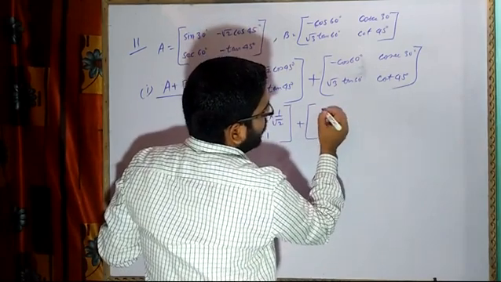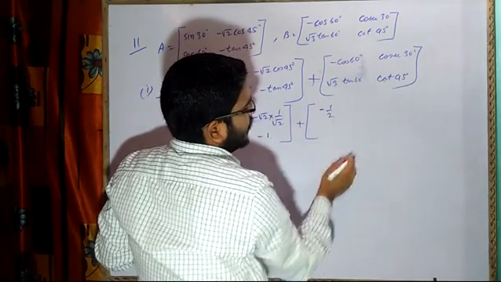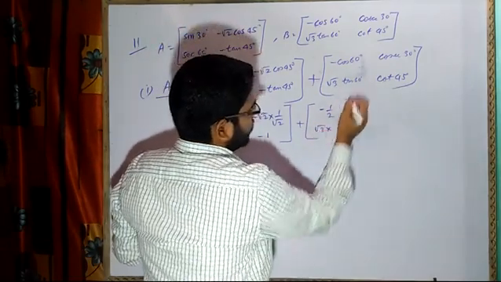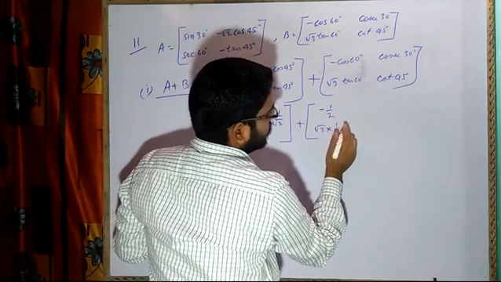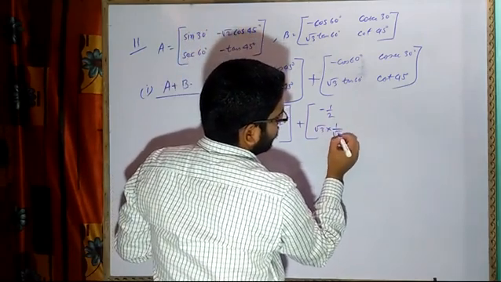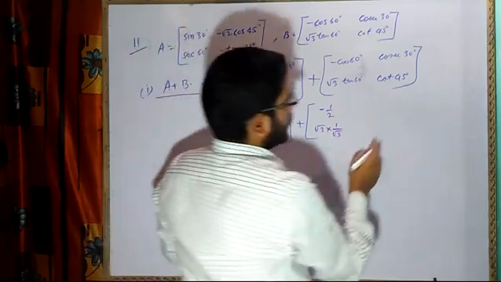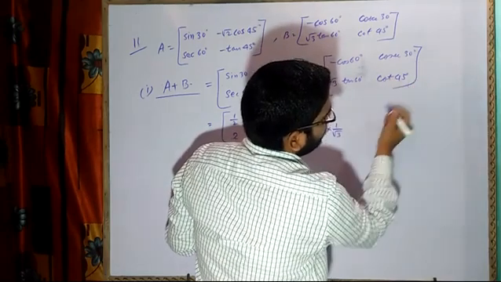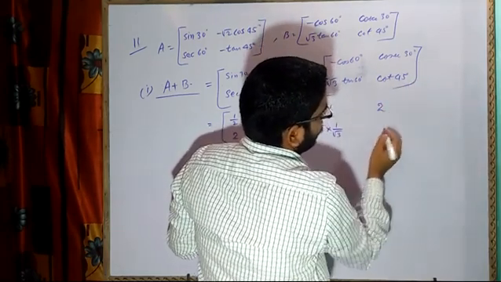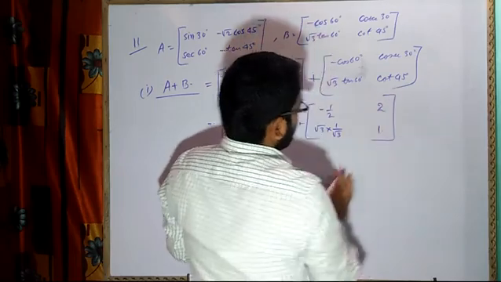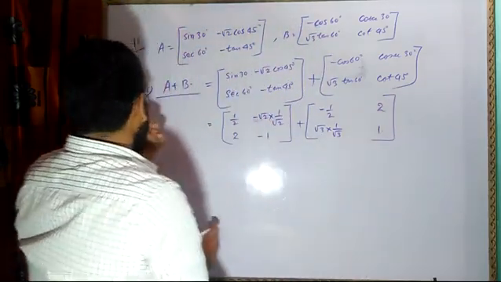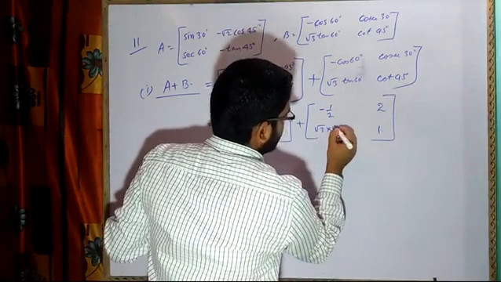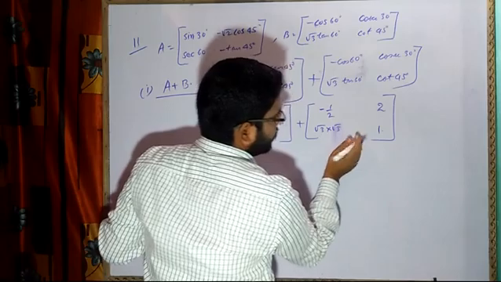It will be equal to 1 by 2, and here the minus is already given. Root 3 multiplied with tan 60, which means 1 by root 3. Cosec 30 means the opposite of sine 30, which is 2 here. Cot 45 is 1. Now here tan 60 is root 3 actually, no? Tan 60 is root 3.